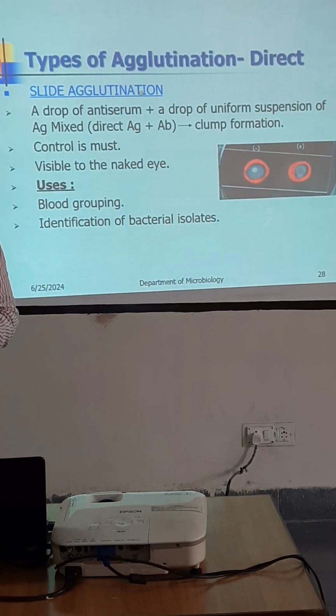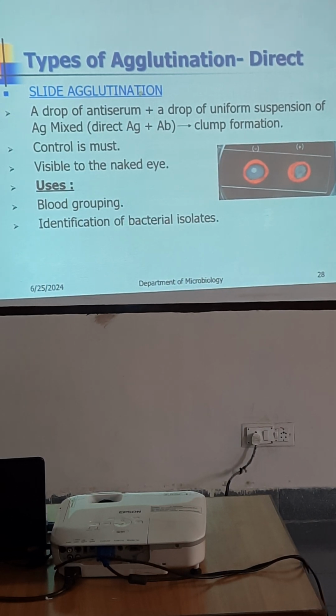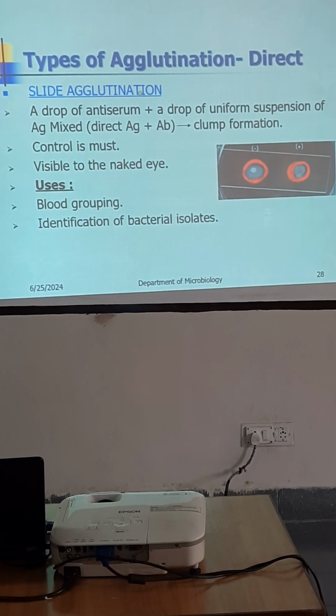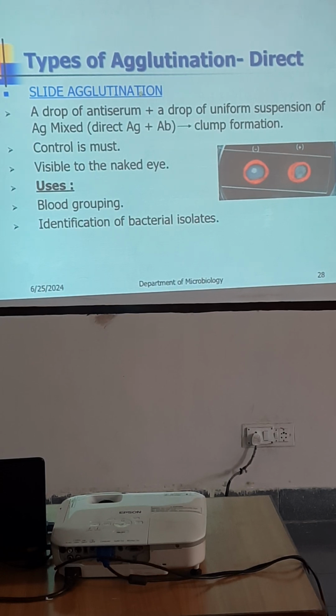Okay. The types of agglutination: direct agglutination, where the antiserum is mixed with a uniform suspension of antigen. So here also antigen and antibody are mixed in equal volume, and there is formation of clumps, or agglutination, that can be seen. This is an example of the slide agglutination test, which can be used for grouping or identification of bacterial isolates.